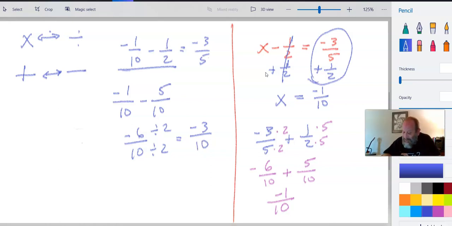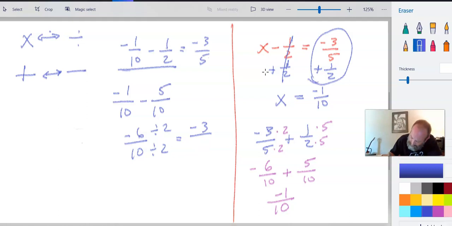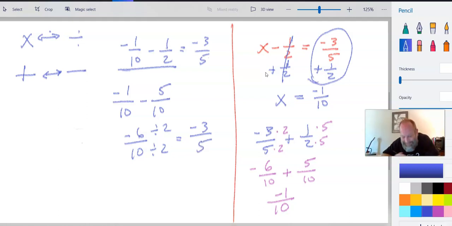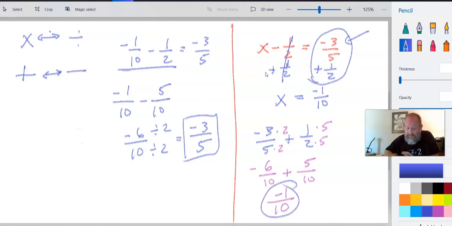Okay, I get negative 3/5, and that matches what I have over here on this side. So what we end up with is negative 3/5 equals negative 3/5. We win, right? Negative 1/10 is the correct answer.